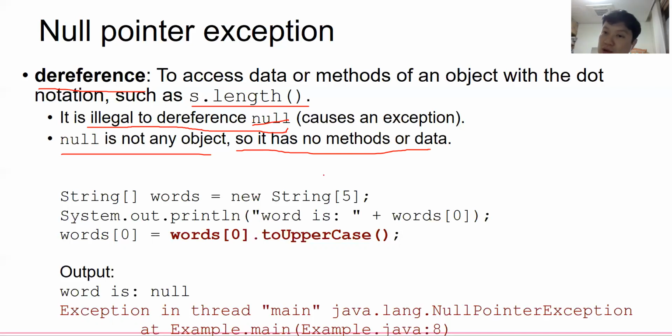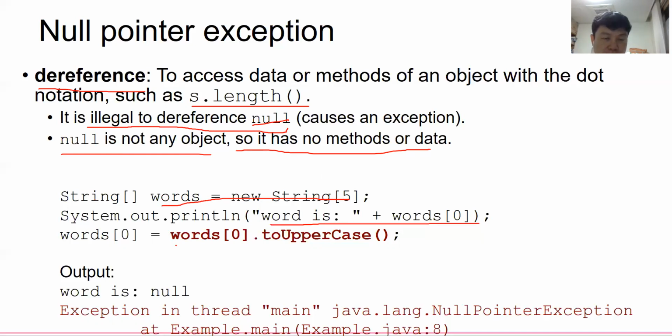So if your value is null at a particular index of your array, then you cannot do anything. For example, I have a string array words, and let's say the size is 5, and I want to print this. The printing may be fine, the word is null, you can see the result.